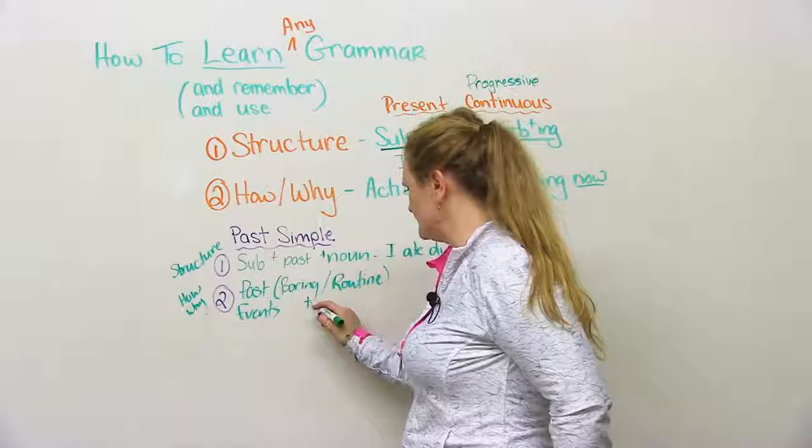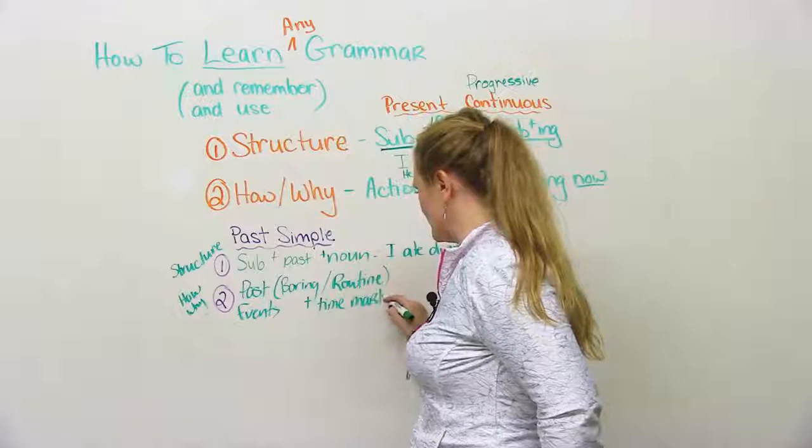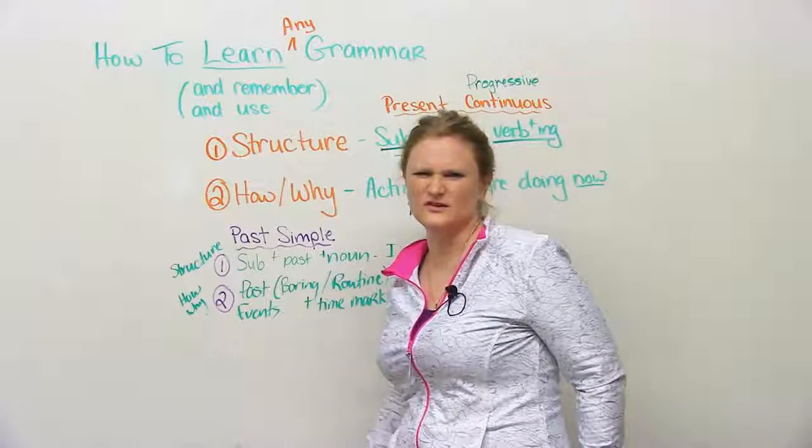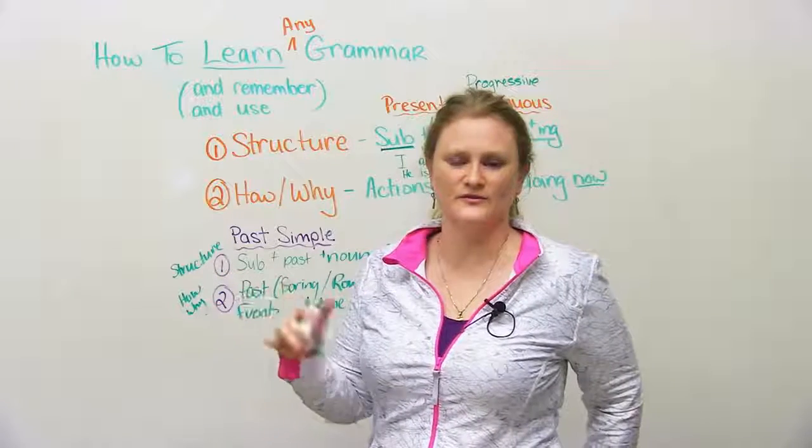And usually we have a time marker in this. We don't have to have a time marker as a rule, but usually we throw in a time marker just to help us distinguish it from present perfect.